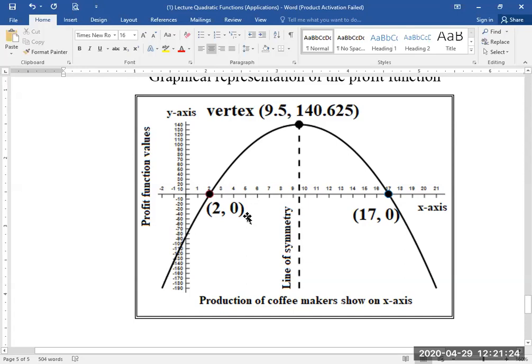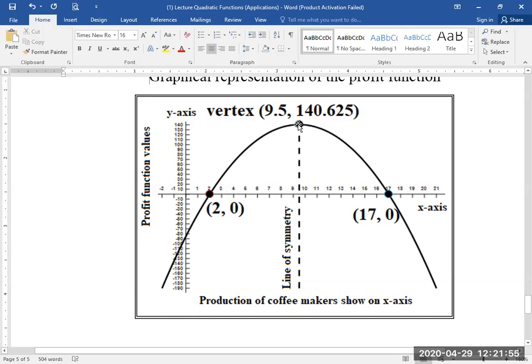Okay, students, you can see here clearly that (2, 0) is a break-even point. Another point is (17, 0), where the profit is 0. And for all production levels greater than 2 and less than 17, the profit value is positive. This means the manufacturer sustains profit in this region.